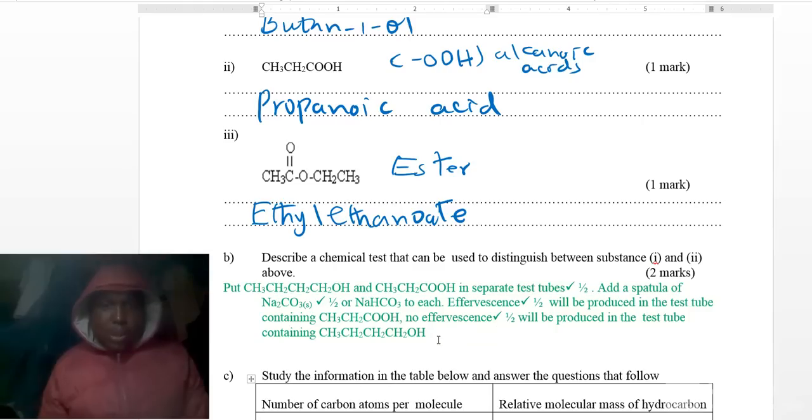That will help us to differentiate that this one is an alcohol and this one is an alkanoic acid. So in alkanoic acids, effervescence is produced when you add sodium carbonate or sodium hydrogen carbonate. But in a test tube containing an alcohol like butan-1-ol, there is no effervescence.